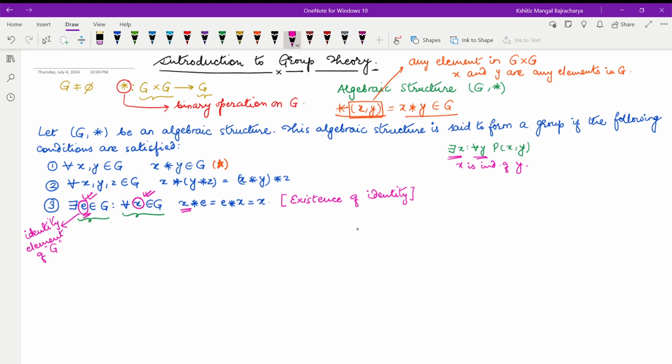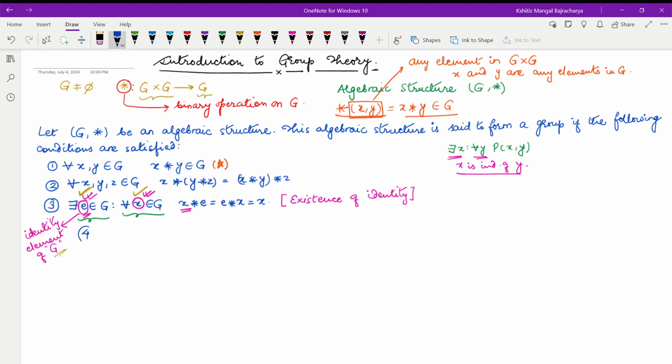It won't change as per the value of x. So this E will be the identity for any given element of G and won't vary, so we call it the identity element of G. This E will work for every x belonging to G. It is a constant for the entire set G. That's why we call it the identity element of G.